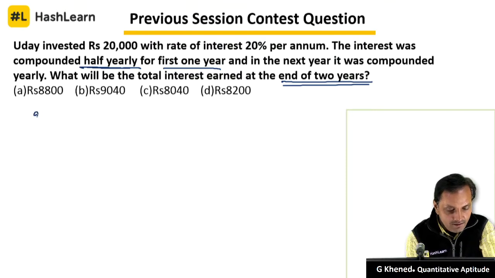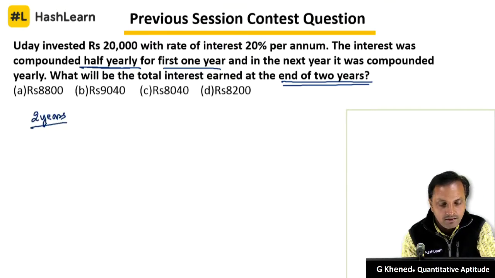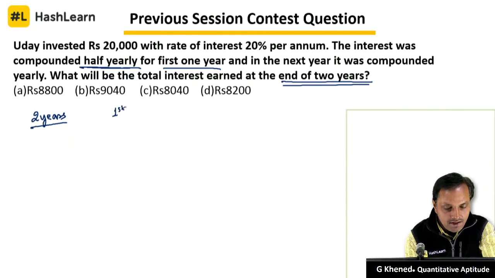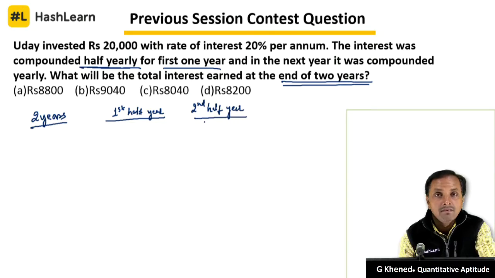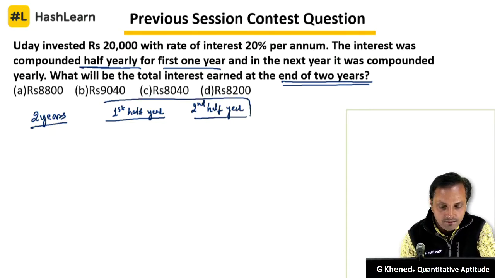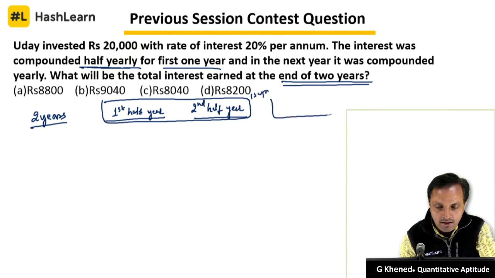So how will you split? It's a very simple problem. First half year, second half year. So this will give you first year, and this is for second year.